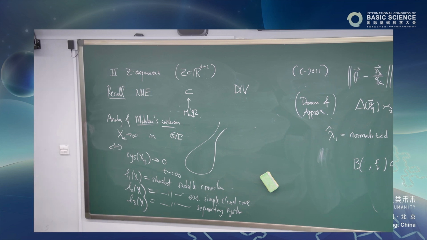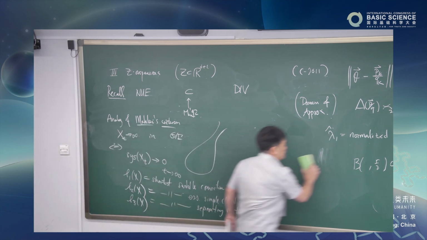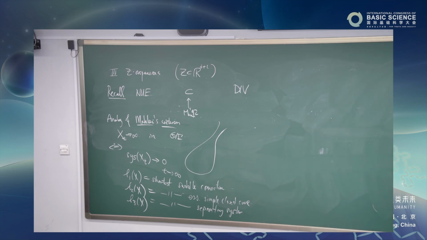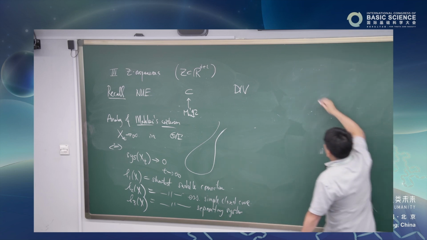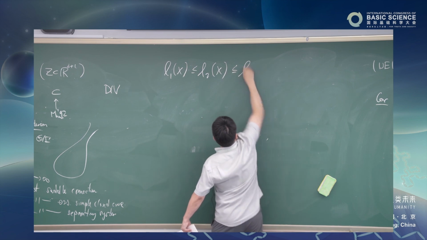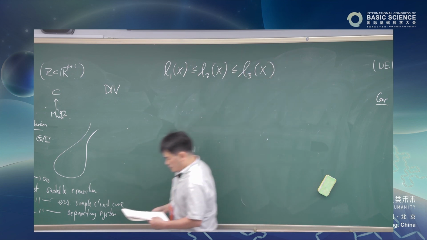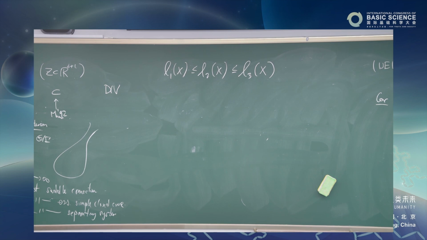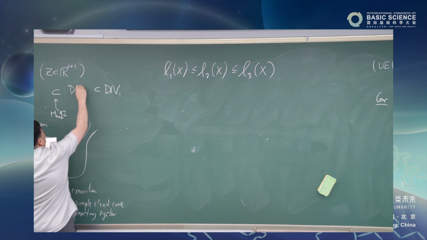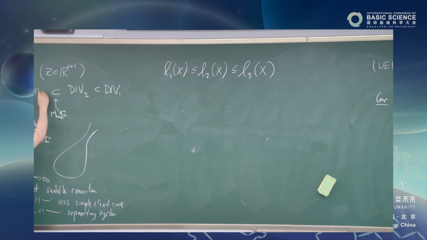I'm not going to give precise definitions, but you might guess the relationship between these different ways of measuring length is that the shortest separating system is longer than the shortest simple closed curve, which is longer than the shortest saddle connection. And the reason I'm mentioning this is that from these inclusions, this would be divergence 1, divergence 2, and divergence 3.